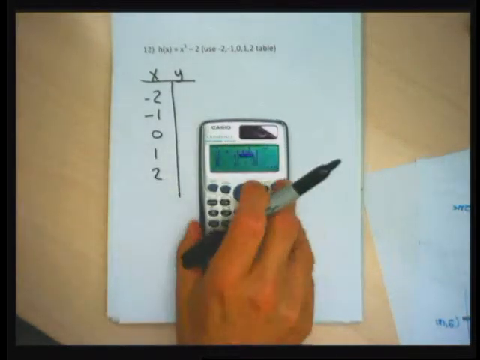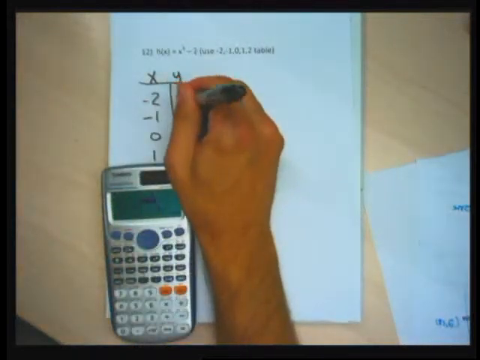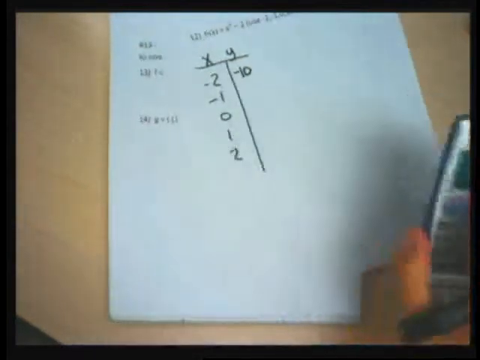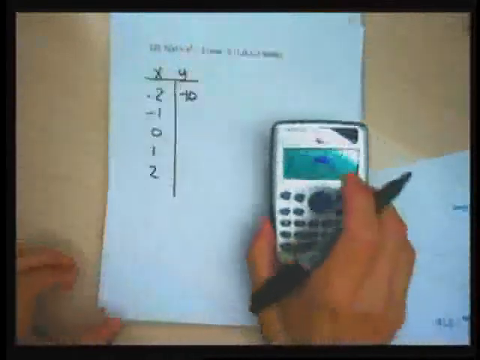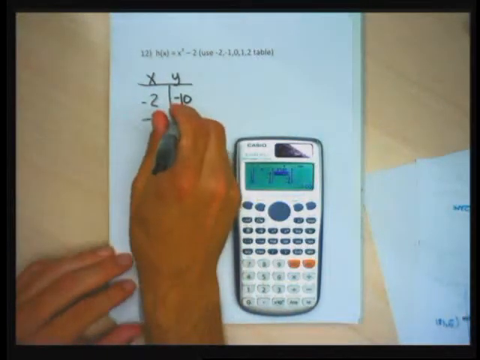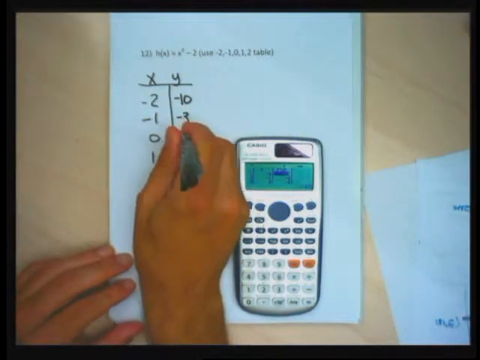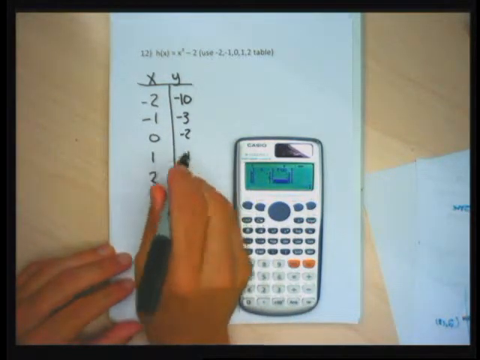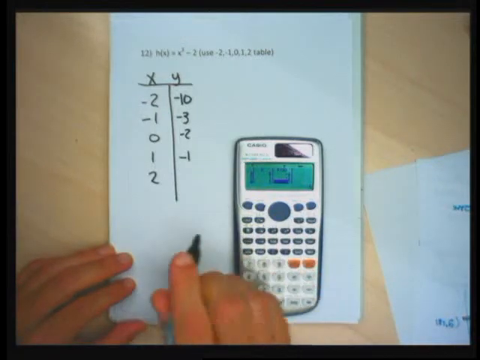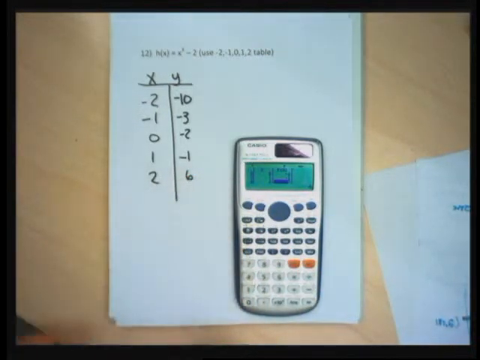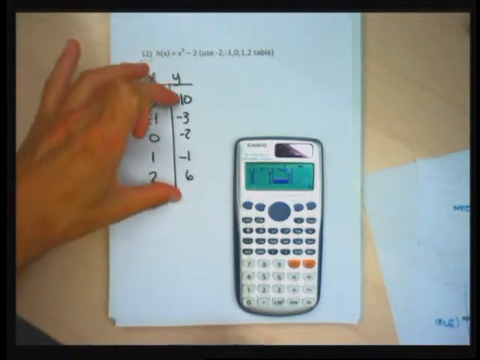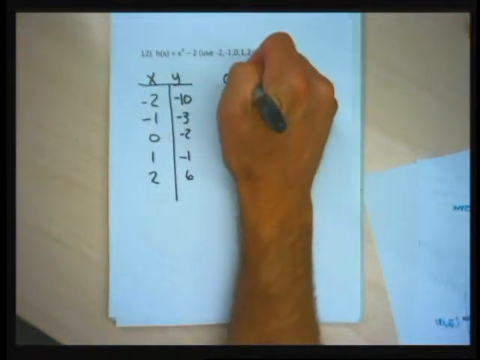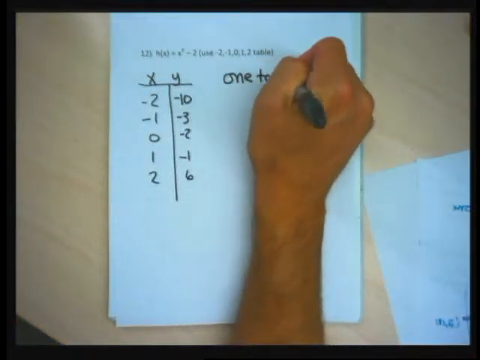So I get negative 2, negative 10, negative 1, negative 3, 0, negative 2, 1, negative 1, and 2, 6. So I suspect that this is going to be one-to-one because there's no duplication in the y column. So my best guess is this should be one-to-one as opposed to not one-to-one.